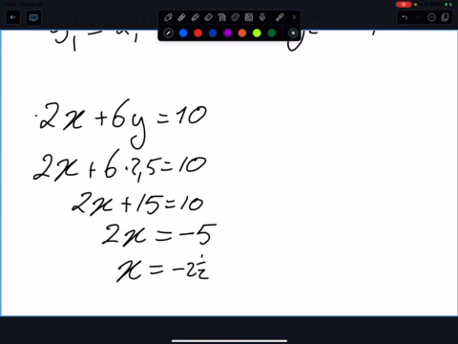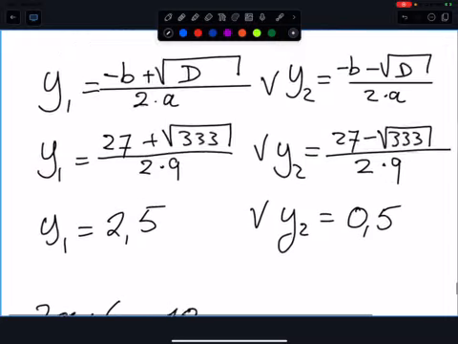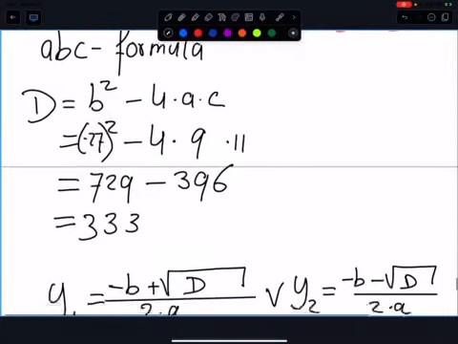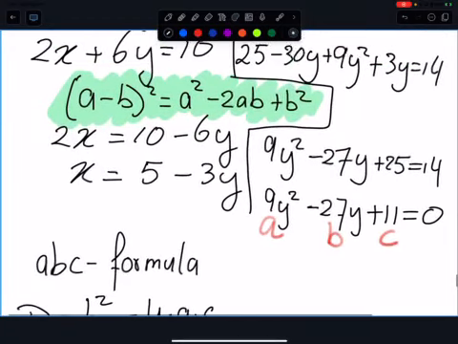Oh, because y. Y, there it is, y. I made x the subject of the formula. Chapter 15.